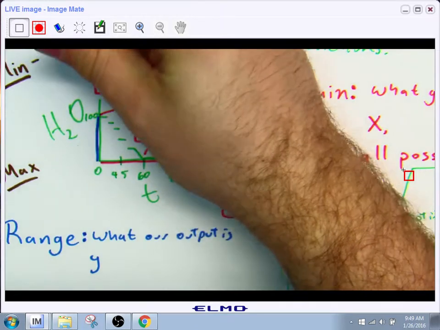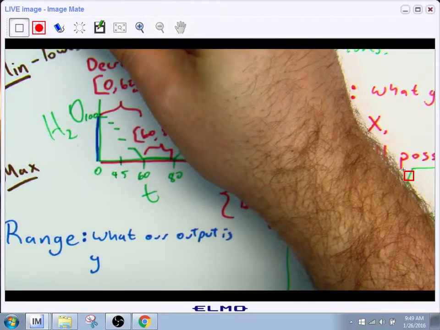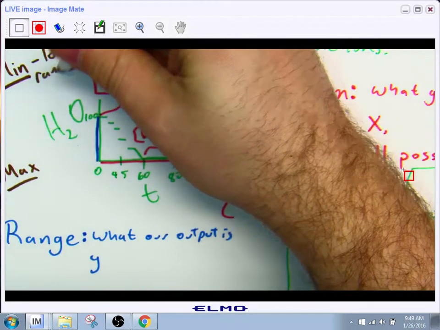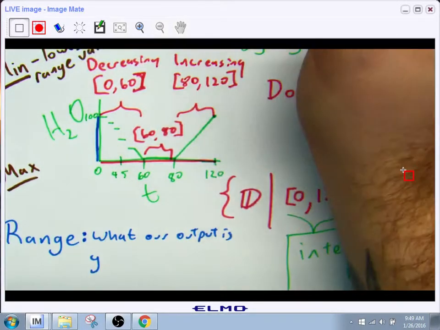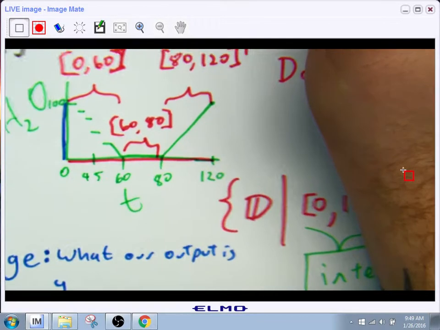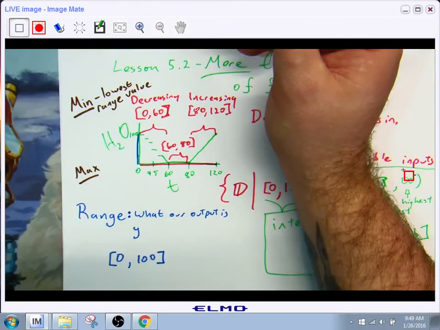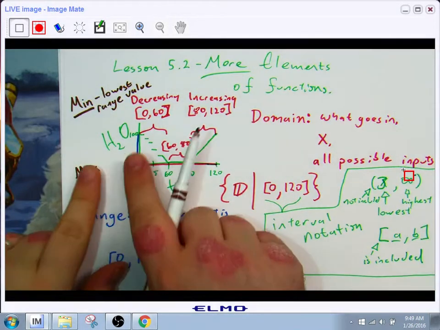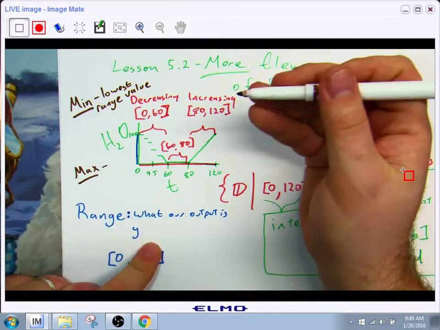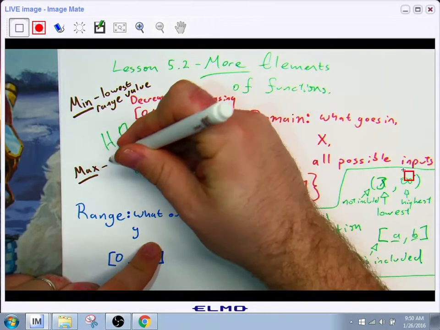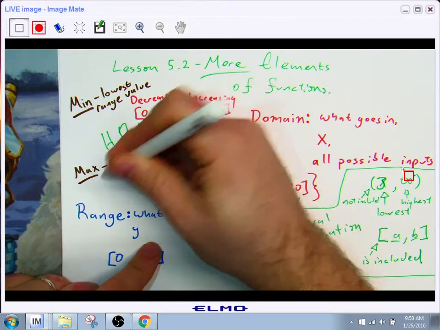This is the lowest range. Oh yeah, I'll zoom back out. So minimum is the lowest range value. Maximum, what do you think that is? Highest, exactly. Highest range value.